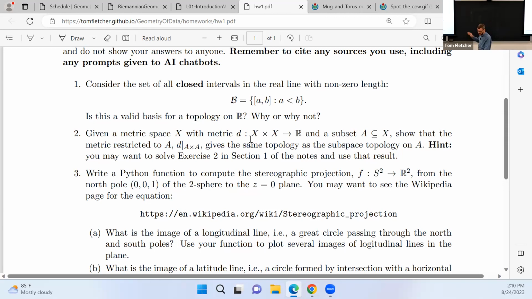Okay, so just really quickly, I won't go through all the questions, but you'll notice that questions number 1 and 2 are pure math problems. They're topology problems, and it's really asking for an argument about topology.